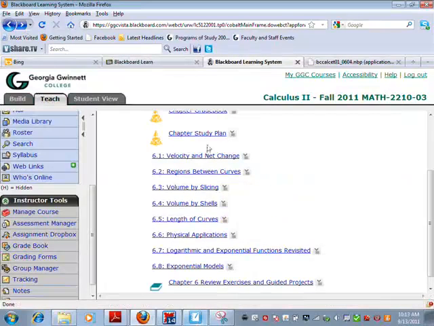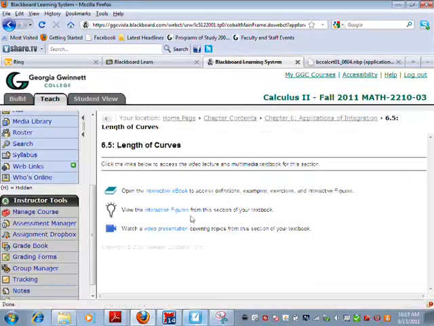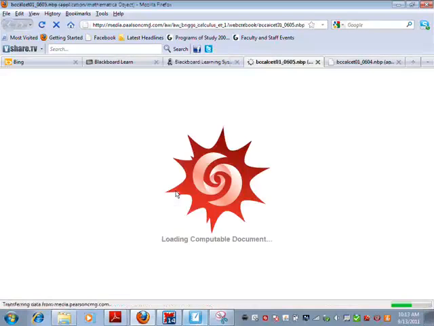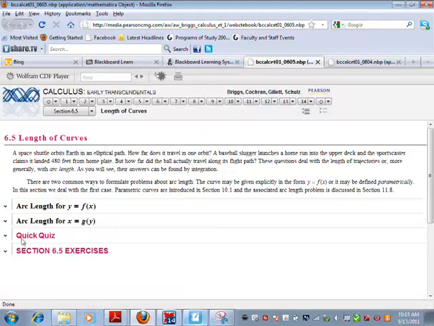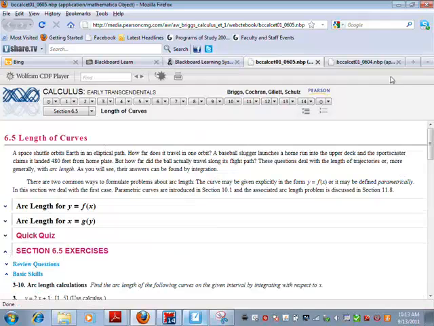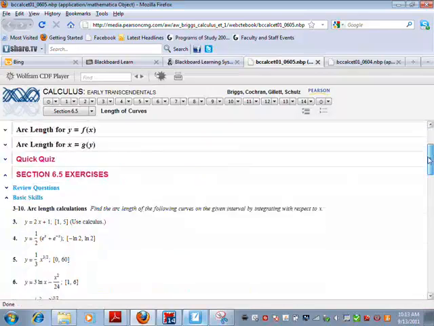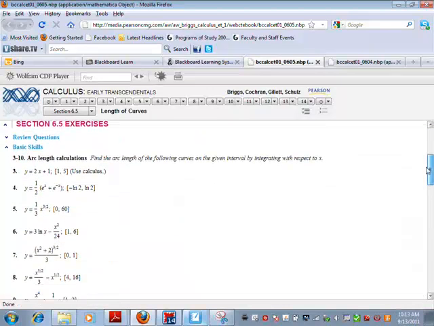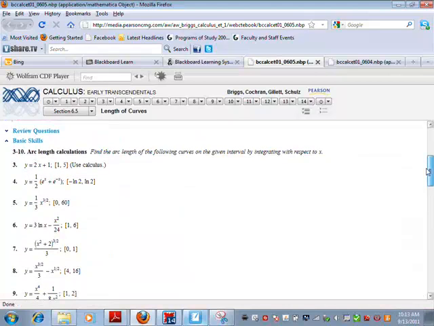I'm asking you to find length of curves, okay? So we ended last time with this. We did number 5 last time. Let's go ahead and do number 8.